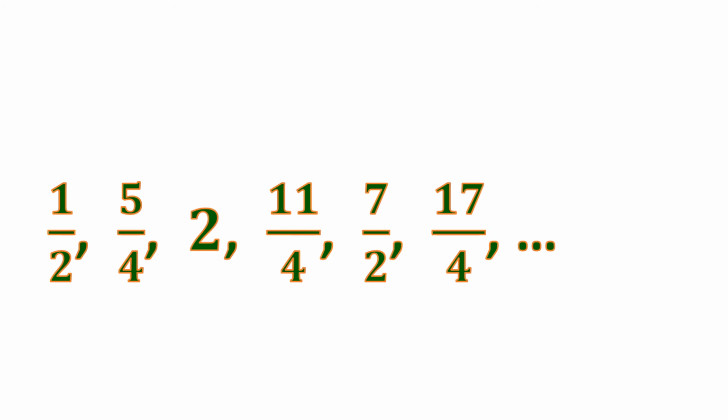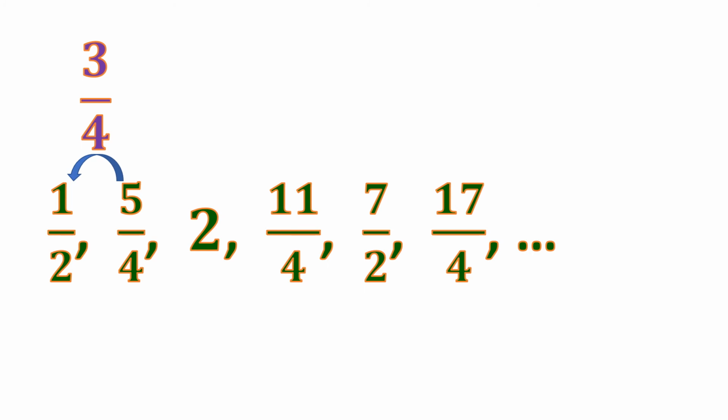But let us try to figure out by subtracting each pair of terms. So let us subtract a sub 2 and a sub 1. So 5/4 minus 1/2. Of course we're gonna multiply 1/2 by 2 to make it 2/4, the same denominator. So it will give you 3/4 because 5 minus 2 is 3, and copy the denominator 4.